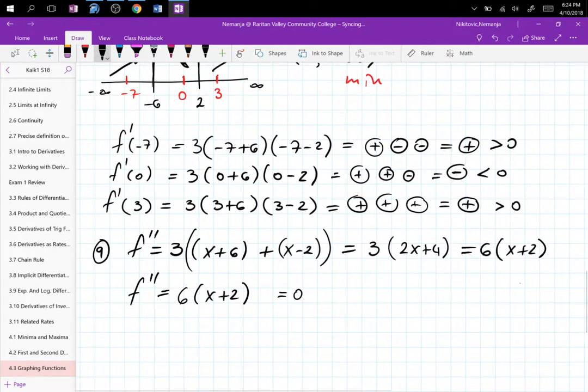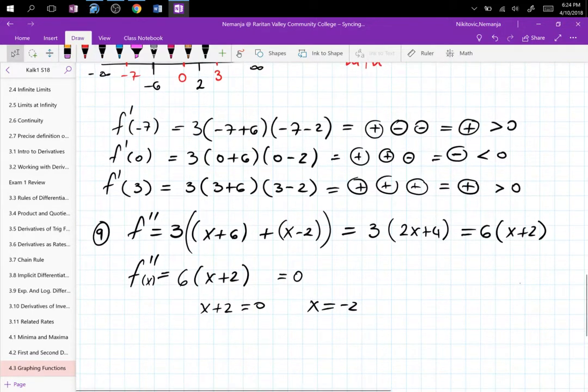Set that equal to 0 to find inflection. So 6 equals 0 has no solution, but x plus 2 equals 0, x equals negative 2. Plug that negative 2 into the original function to find my y value.